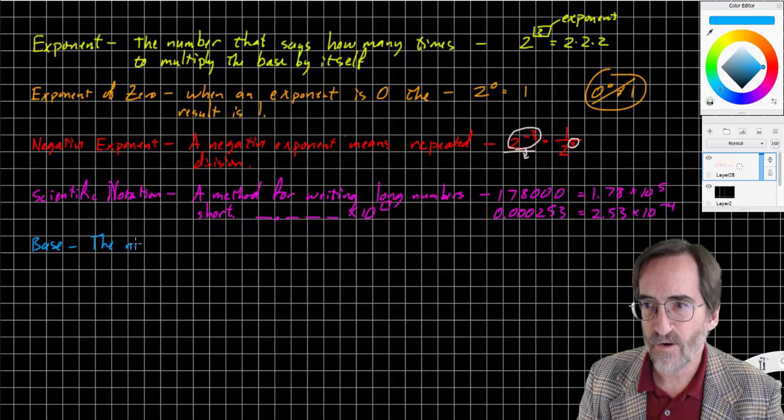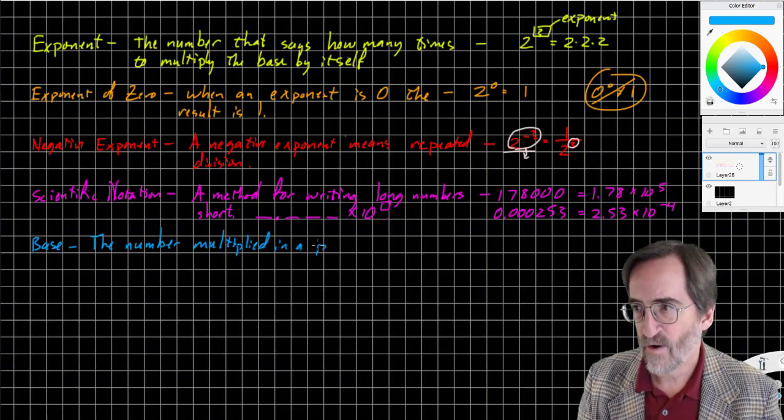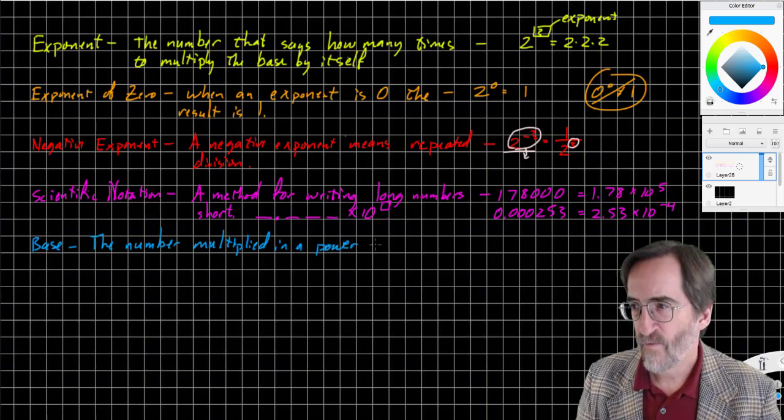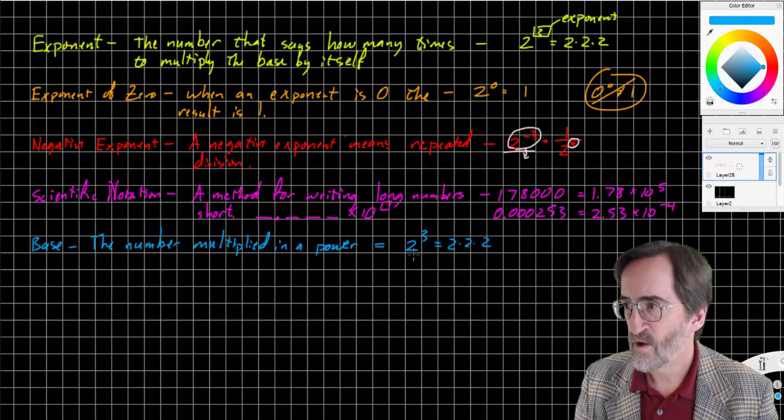The number multiplied in a power. So in our example, 2 to the third equals 2 times 2 times 2. 2 here is the base.